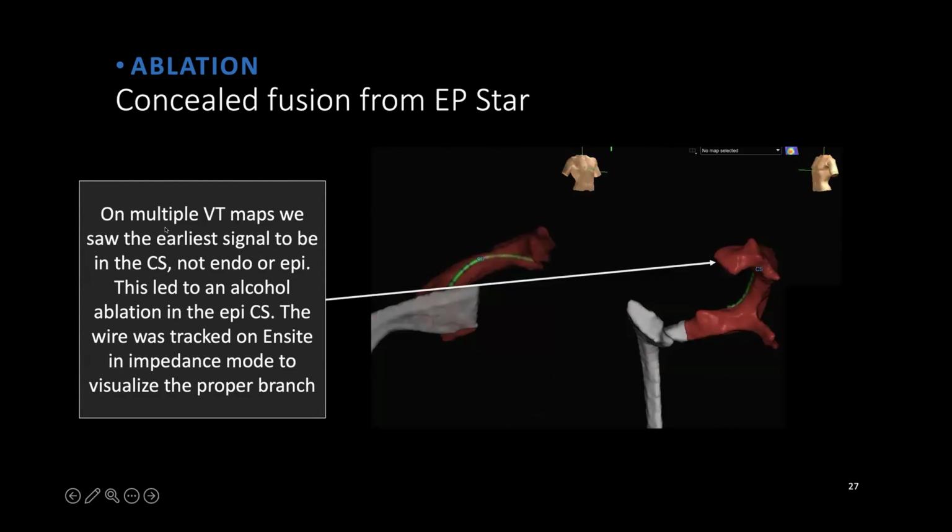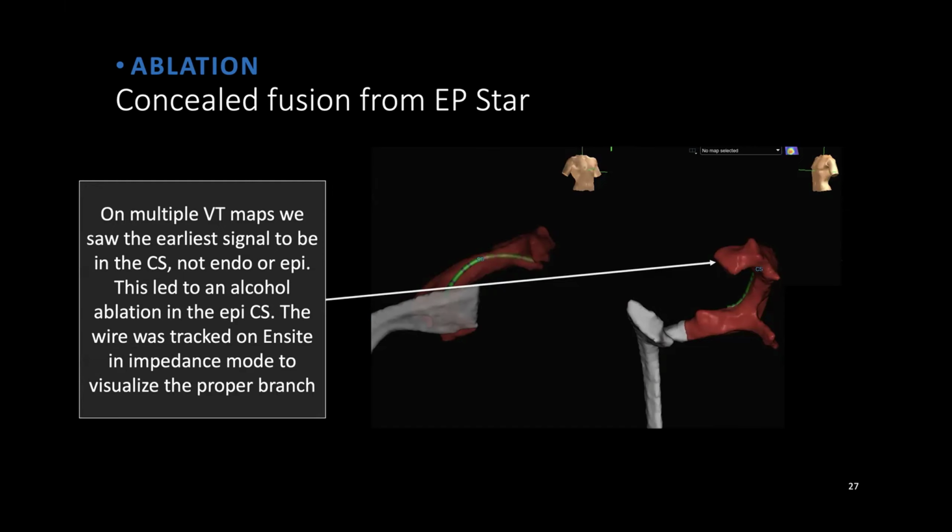And as I mentioned, the earliest signals were in our CS. So we passed what we call an EP-star catheter, a very thin catheter that can be advanced very distally in the AIV, in the CS system.